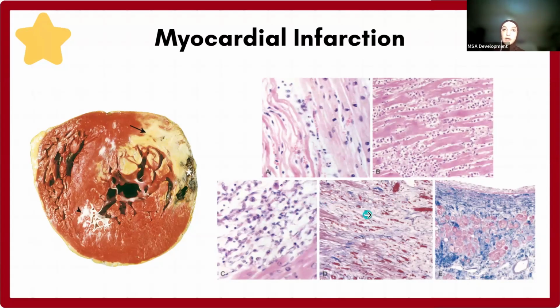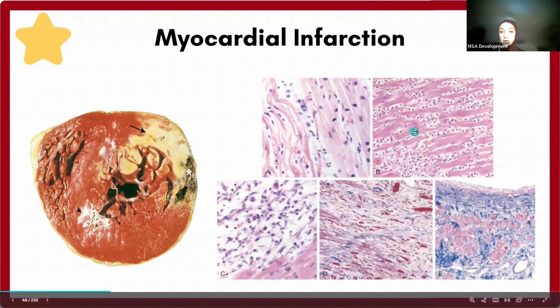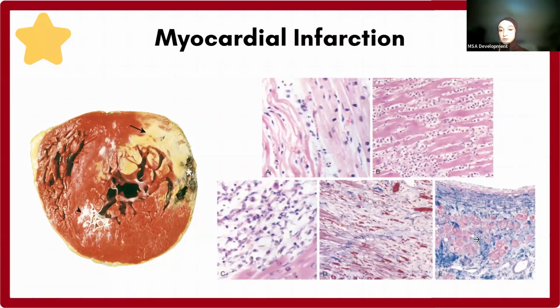Now, in D, you will have more blood capillaries being formed, and more fibrosis being formed. So the deposition of collagen is very evident. These 3 are H&E stains, and these 2 are trichrome stains. In trichrome stains, the main thing we're seeing is the collagen deposition, because we're trying to look at fibrosis.